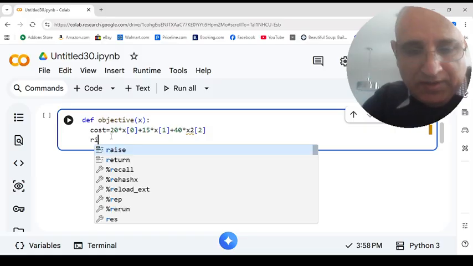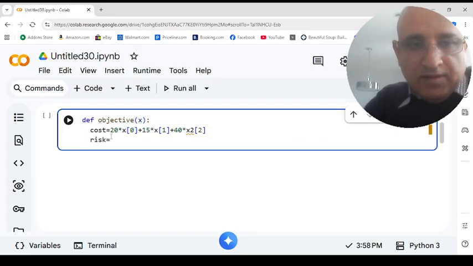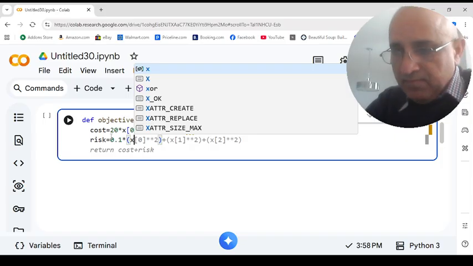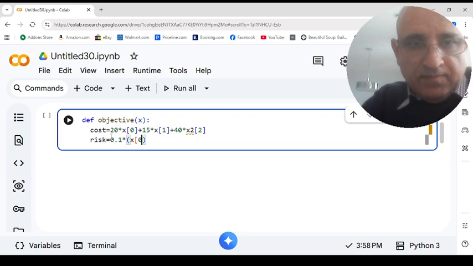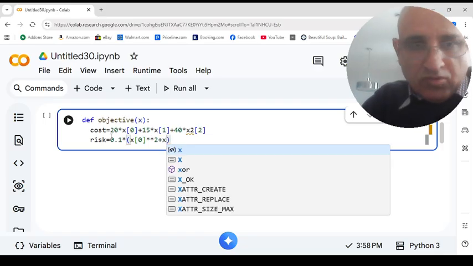Now I'm going to define the risk. Risk involved, for example, we are saying the same 10% from each of them, and it is a squared function.